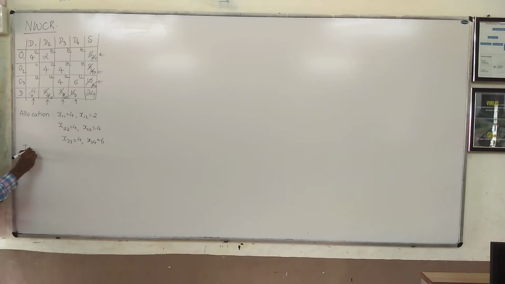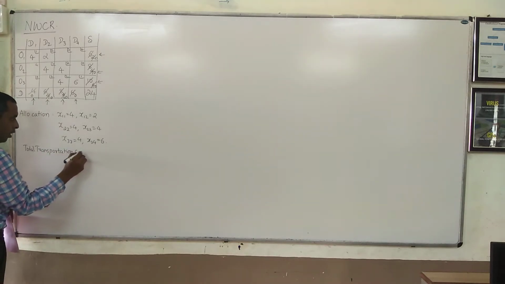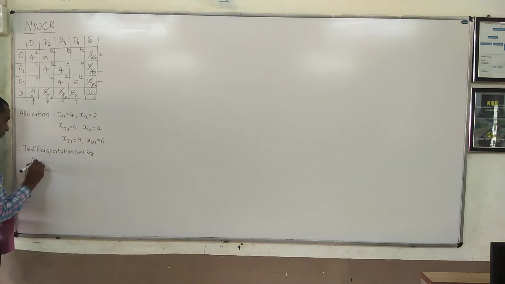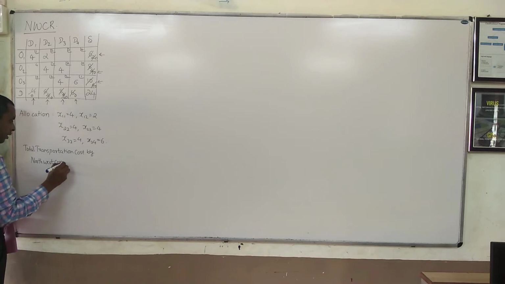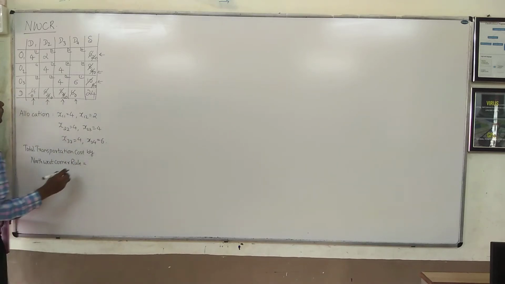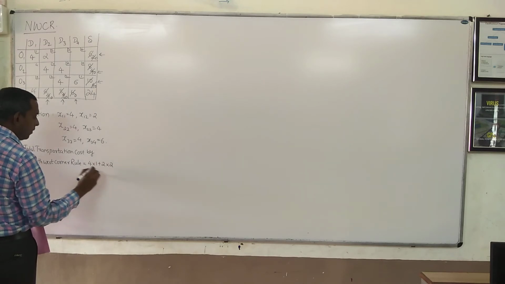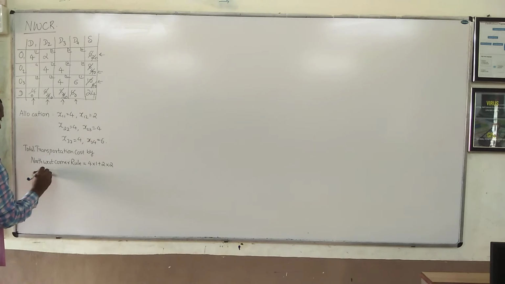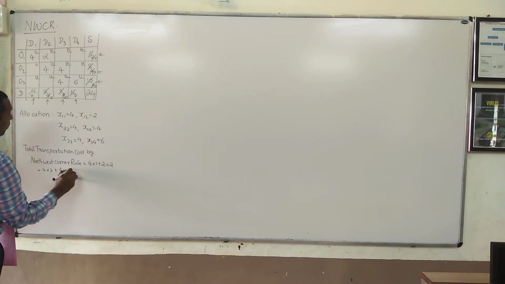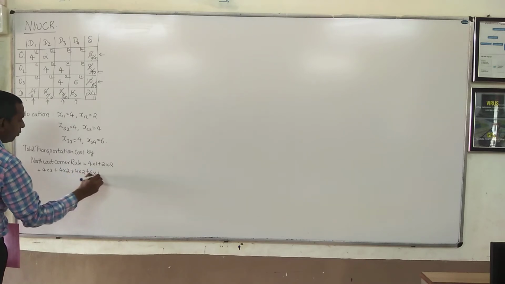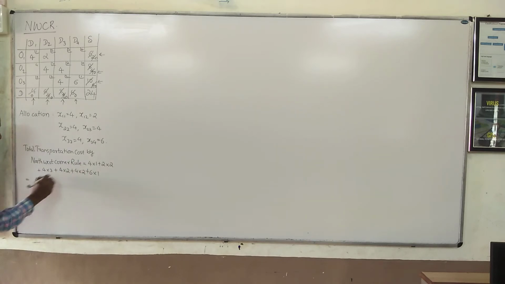So the total transportation cost by the northwest corner rule is equal to 4 into 1 plus 2 into 2 plus 4 into 3 plus 4 into 2 plus 4 into 2 plus 6 into 1. That is 4 plus 4 plus 12, 8, 8, 6.